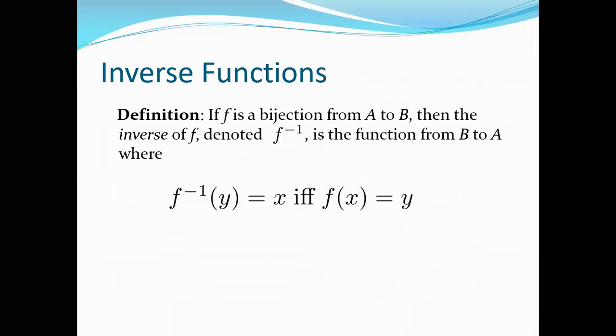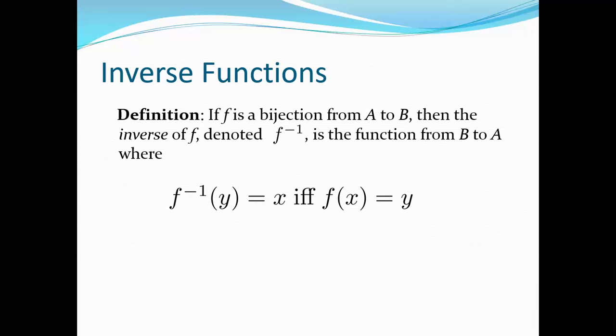Oh, as if I knew what the next slide was going to be, okay? Inverse functions. If f is a bijection, what does bijection mean again? Yeah, 1 to 1 and onto, right? It's an injection and a surjection, okay?